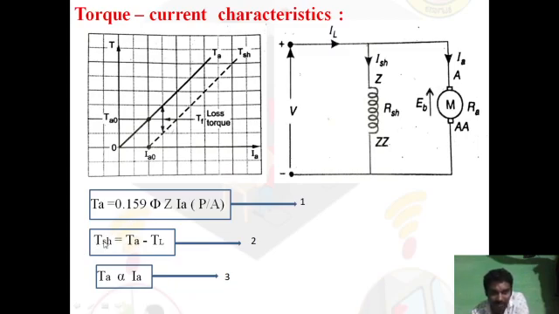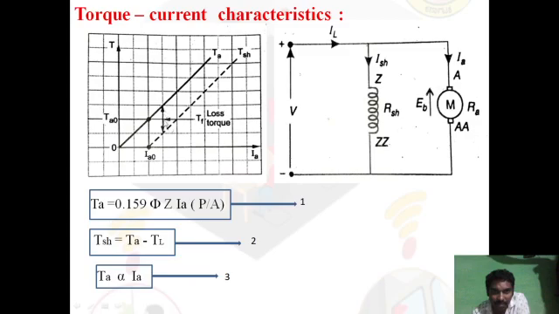I will repeat, as the load on the motor is increased, the current drawn by the armature increases. As Ia increases, the Ta, which is directly proportional to Ia, increases. I will come to the equation 2. As Ta increases, this is constant. As Ta increases, the TSH increases linearly. Here you can observe, I will get this graph.